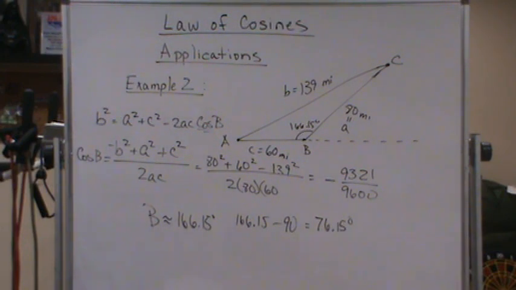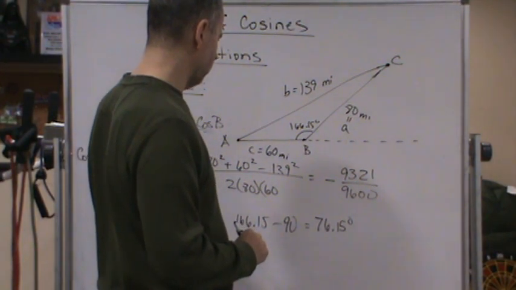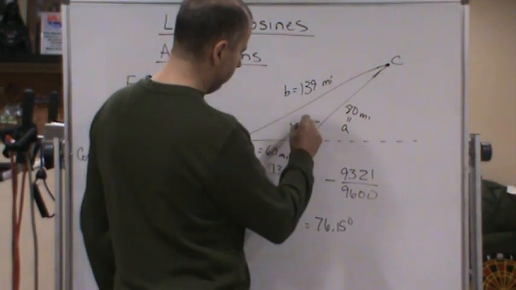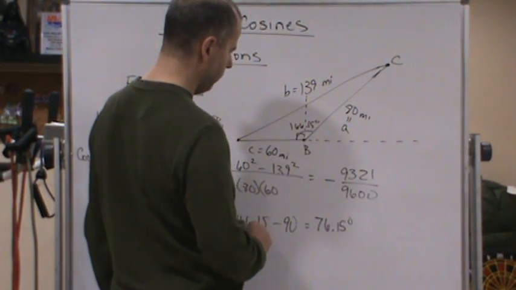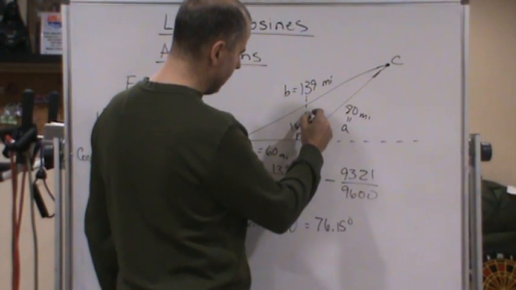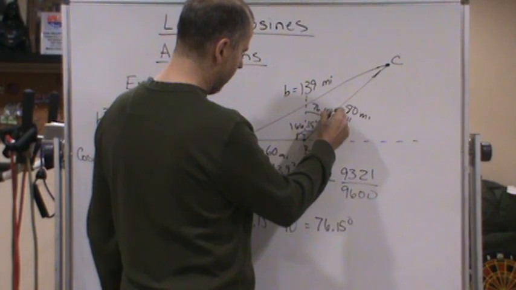So what does that mean? Well, think about it. If we draw our right angle here, right? So we're subtracting 90. That means this angle here is 76.15 degrees.